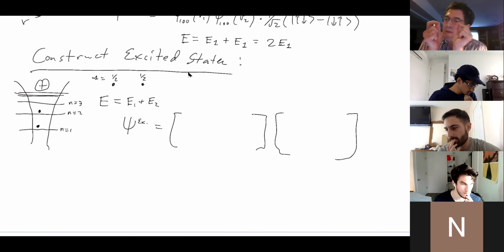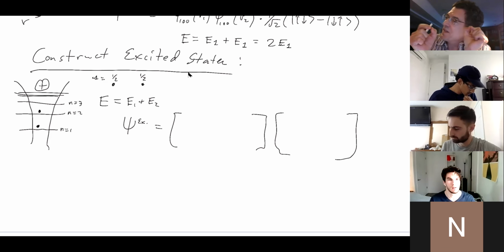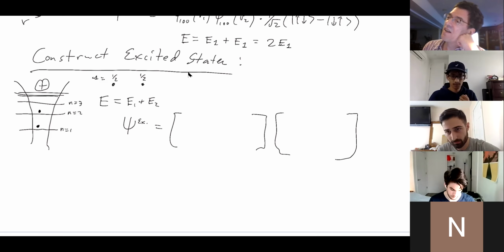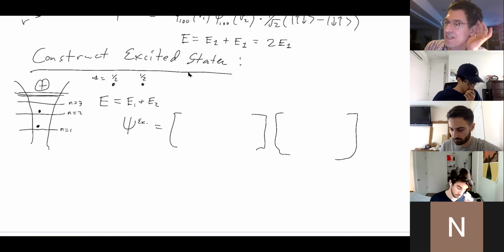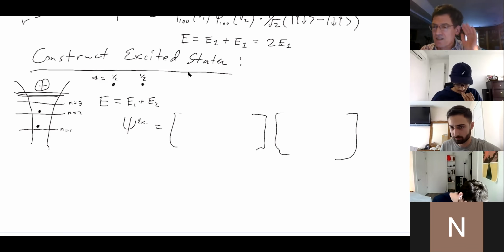And let me ask another question. Is it lower energy for the particles to be close, or is it lower energy for the particles to be far? Far. Good. So which spatial state makes the electrons further away from each other? The anti-symmetric one, right? Yes.